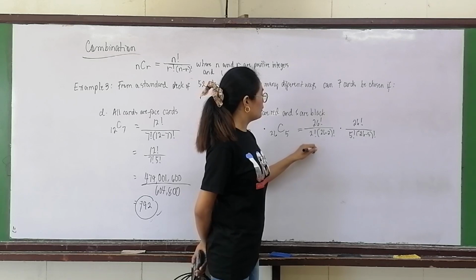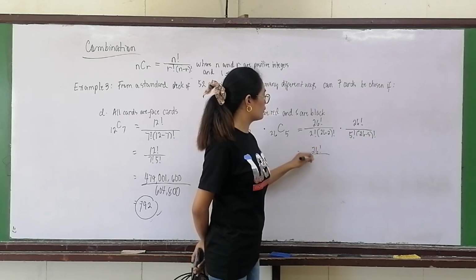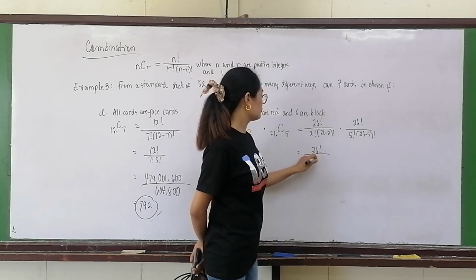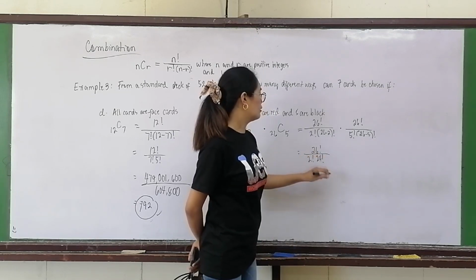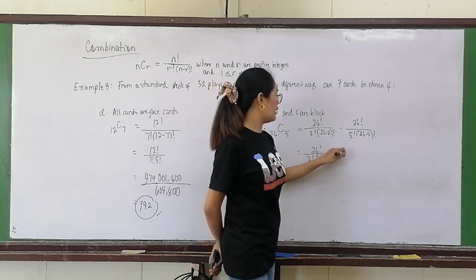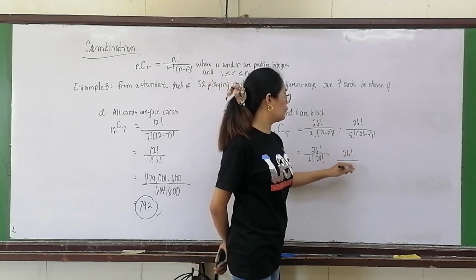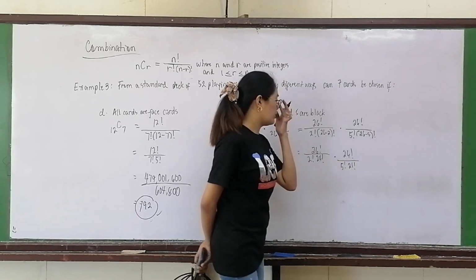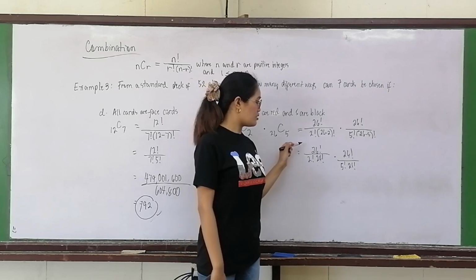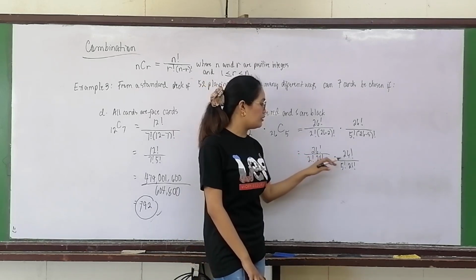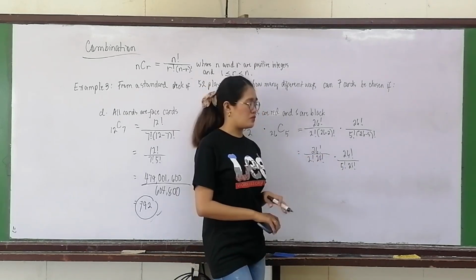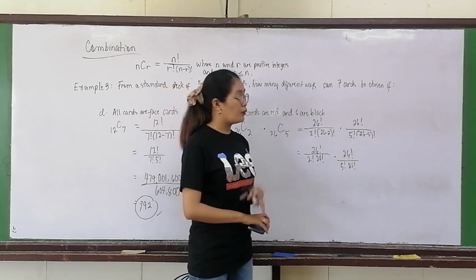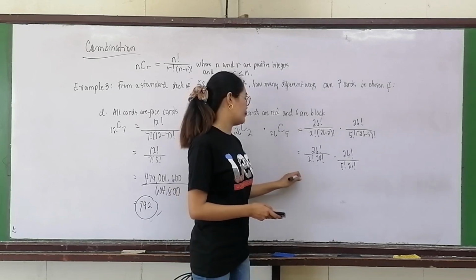This is then 26 factorial over 2 factorial times 24 factorial, times 26 factorial over 5 factorial times 21 factorial. We will no longer expand 26 factorial, 24 factorial, and even this 21 factorial because these are very large numbers in scientific notation. So we will just compute this right away using your calculators.